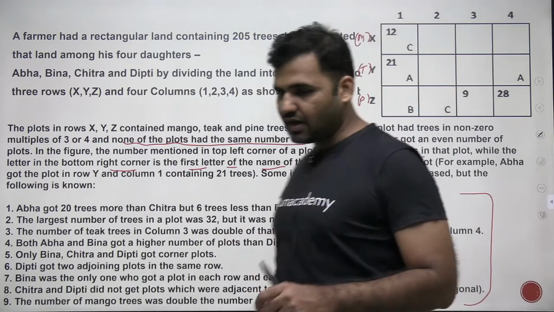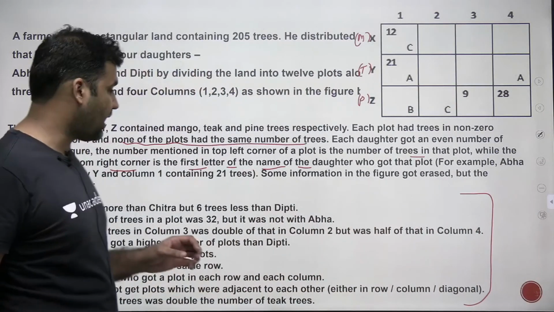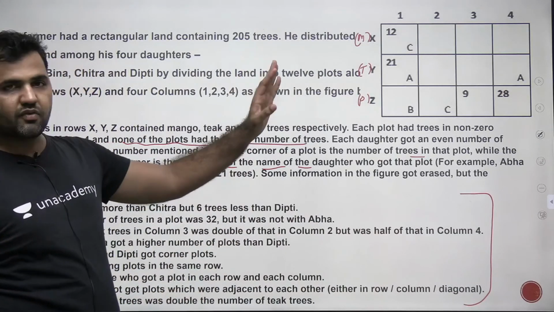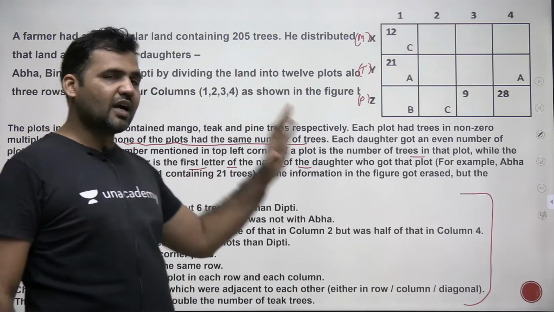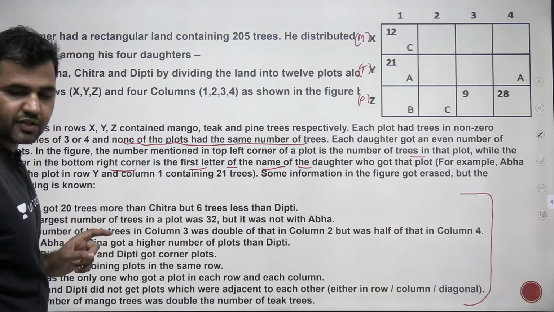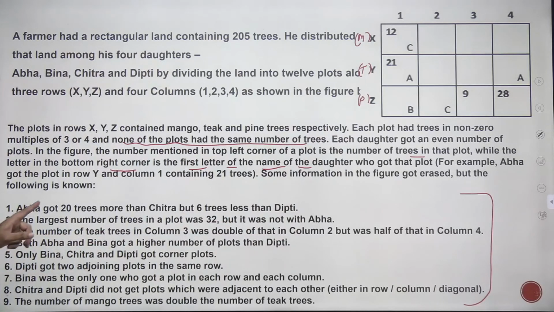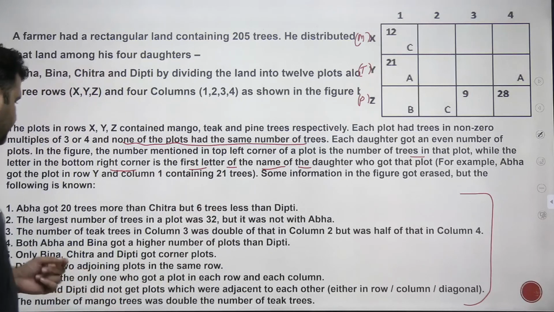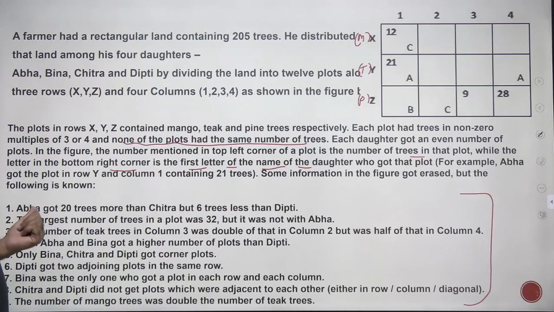These are the points that you have to use to fill this whole matrix. Now, let's use all of these statements one by one, and if you go with the right interpretation of these statements, you can easily fill this whole matrix. It's a pure quantitative reasoning type of LR set. Now look at the first information. It says Abha got 12 trees more than Chitra but 6 trees less than Dipti. Okay, it's about the number of trees that Abha got, right?